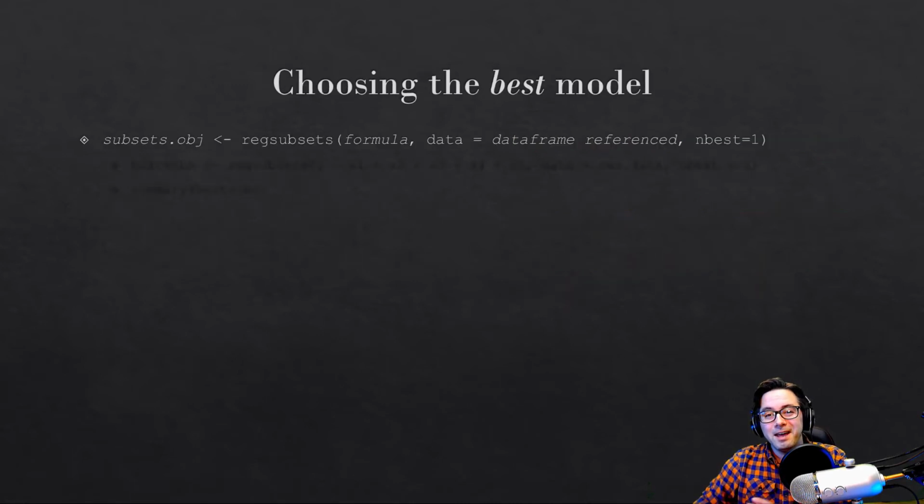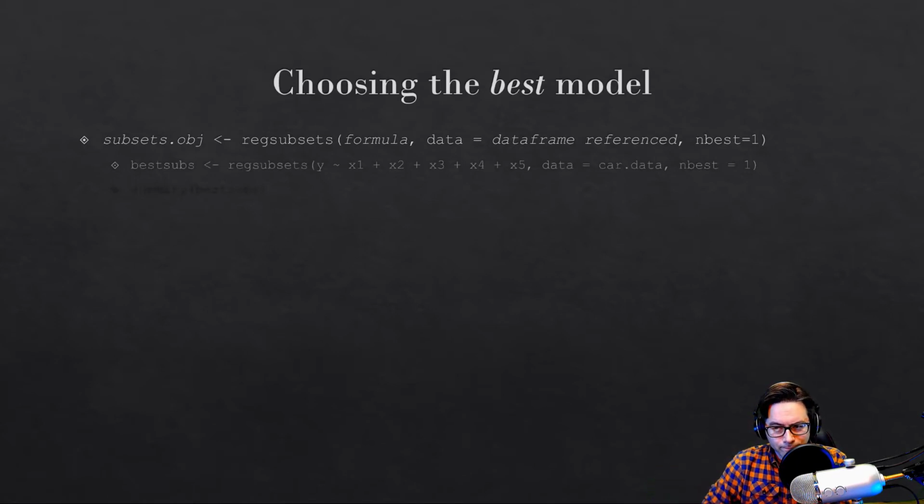All right, anyways. So the way that we do this is we create a subset object, and we use this method that is called regsubsets. We put in the formula, and then we put in the data, referring to the data frame, and then we want nbest equal to 1.